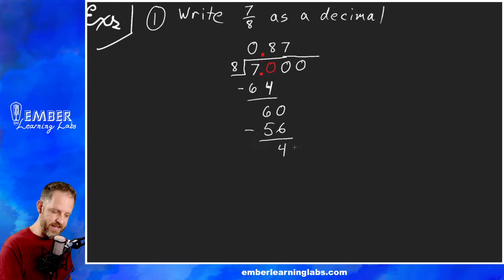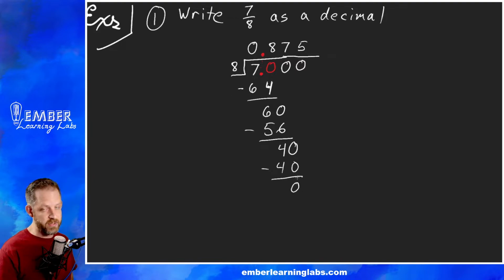And we're going to bring that down. 8 goes into 40. How many times? It goes into it 5 times. 5 times 8 is 40. 40 minus 40 is 0. 8 doesn't go into 0, but 0 is 0. So when we get to 0, we're finished.